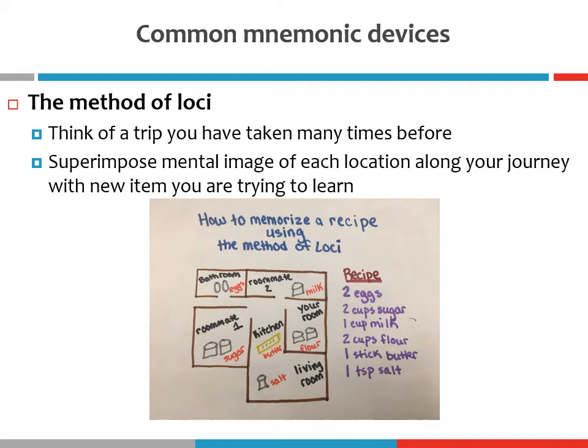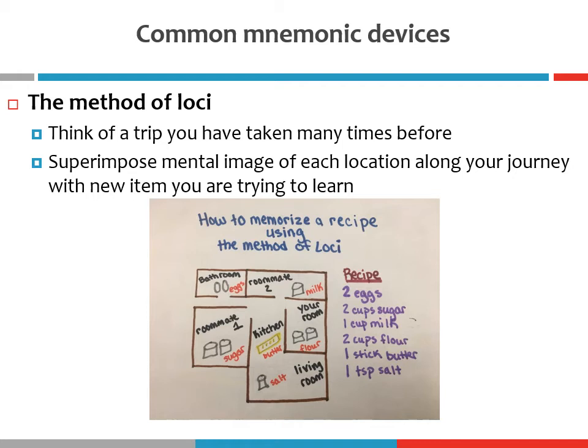So you might imagine the first location on your journey as you come into your apartment is the bathroom, right? So you might imagine if you have a light fixture in your bathroom, maybe a lamp, you might imagine 2 eggs dangling from the lamp, right? Or maybe you might imagine 2 eggs sitting in your soap dish, right? And that's the mental image that you conjure up.